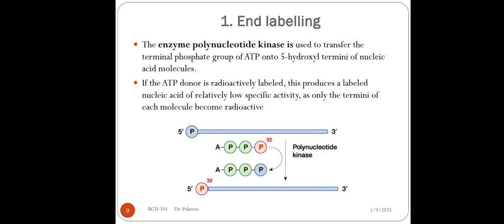We will have a donor phosphate molecule with the terminal P32 phosphate, and that terminal P32 phosphate will be transferred with the help of polynucleotide kinase onto the probe. Here you can very clearly see that the phosphate already existing on the probe was the blue colored one, whereas the peach one was the radiolabeled one, and it is present at the terminal of the ATP. So this polynucleotide kinase has actually replaced the blue phosphate with the peach one, and the peach one is the radiolabeled one.